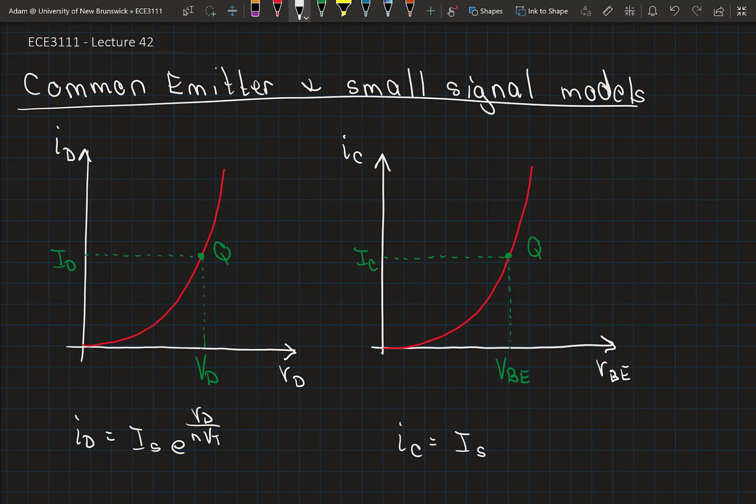In a BJT, it's a function of our saturation current times e to the VBE over VT. And you'll note here that there's no ideality factor. We assume that the ideality factor for a BJT is 1.